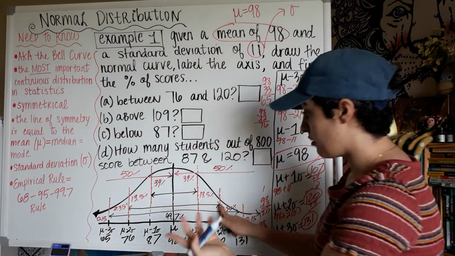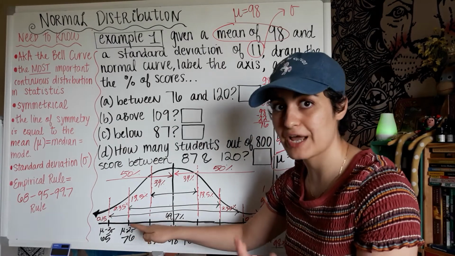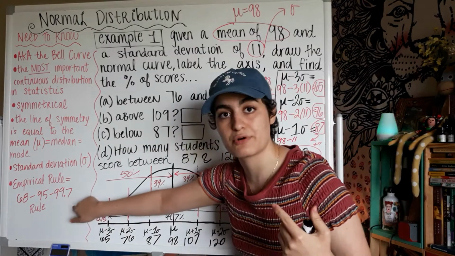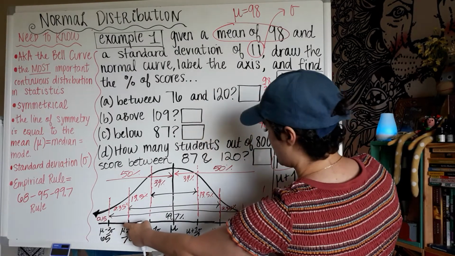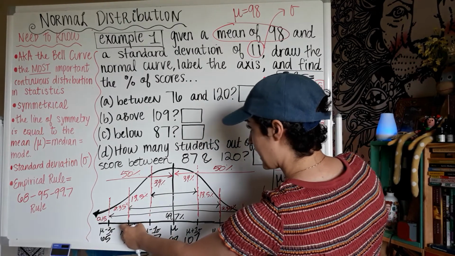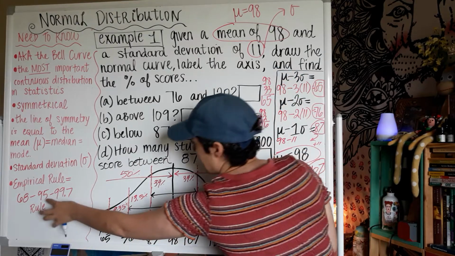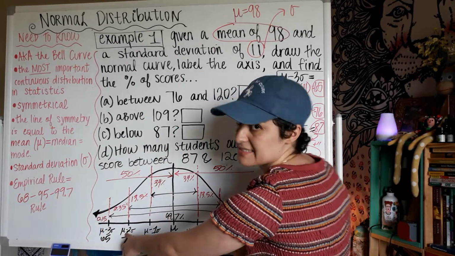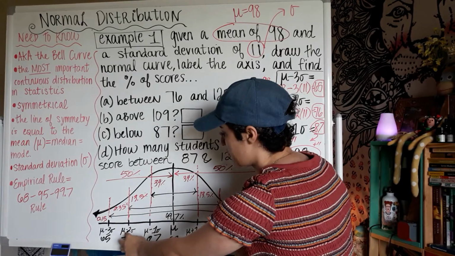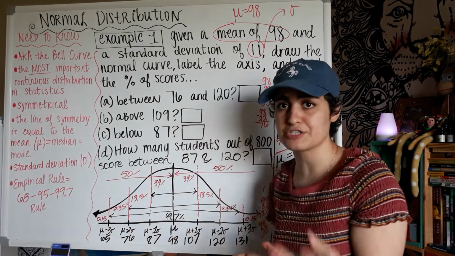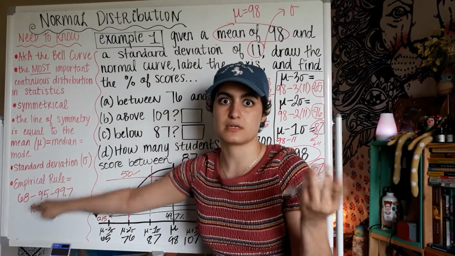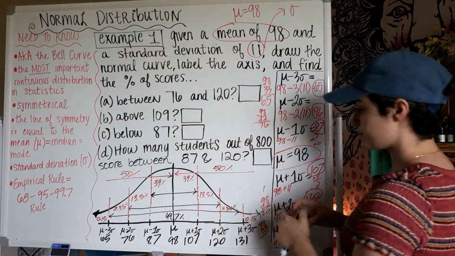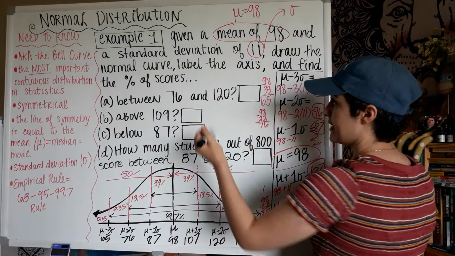Also known as, if you have the empirical rule memorized, from 76 to 120, that is 95. That's within 2 perfect standard deviations. So that would be exactly 95%. Or you can just add them all up and you don't have to remember the fact that that's 95. So that's our answer for part A.